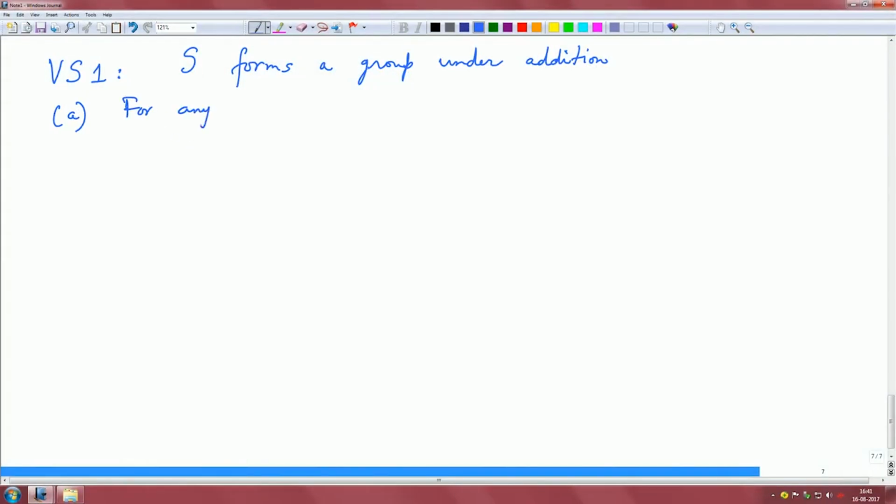So, for any x and y belonging to S, x plus y belongs to S. Take a vector x belonging to S, take another vector y belonging to S, x plus y should belong to S, right, this is closure.